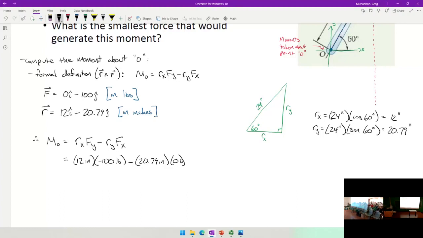Okay. So if I check this out, that term's going to give us 0, and this term right here is going to give us what? Negative 1,200? Negative 1,200. Okay. So first off, that's the answer. But I want to dig into that a little bit.